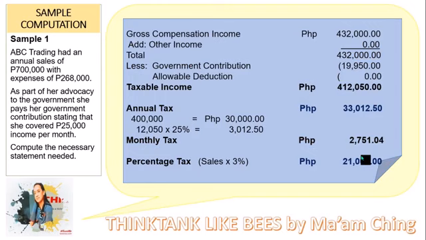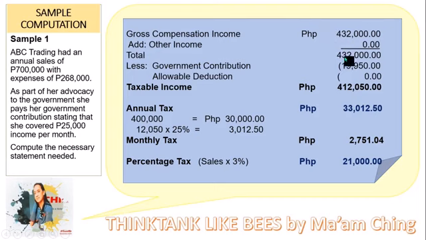So let's go with the second computation. The gross compensation income is the same as the operating income gathered by ABC Trading, so here is 432,000. There is no additional income based on the problem, so it's 0.